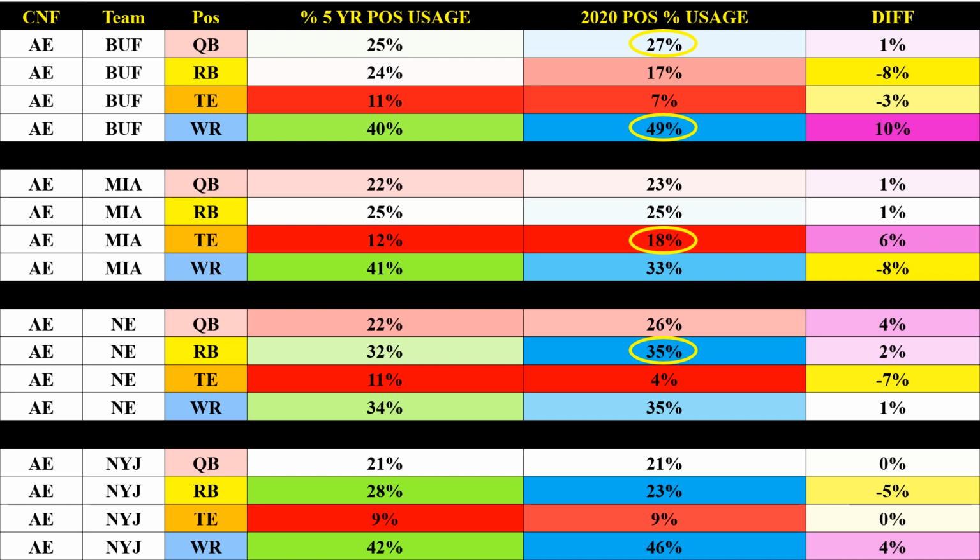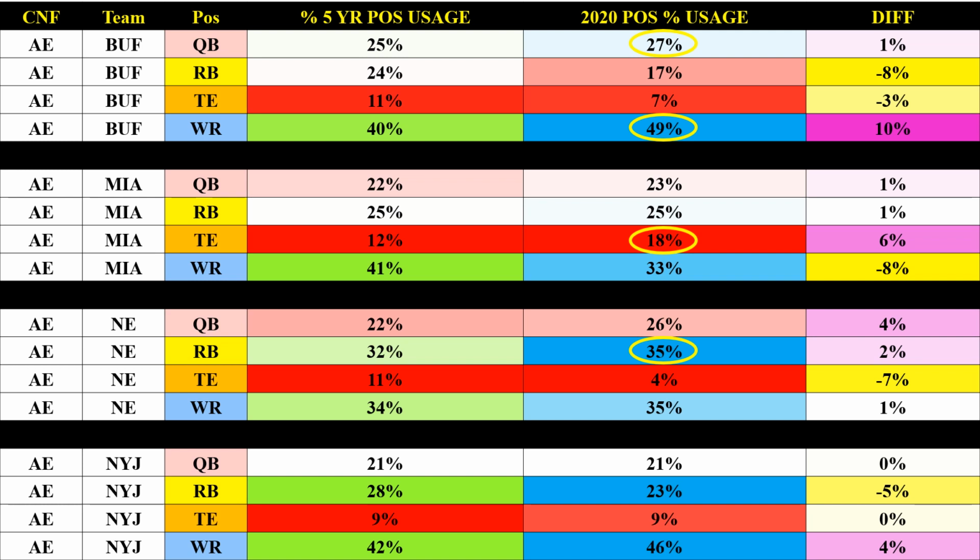I provided yellow circles, and it looks like I forgot, oh no, I didn't forget the quarterback. Good. So you can look across and find the yellow circle, and that says that team in this conference used the quarterback the most, and that would have been Buffalo. So we'll start with Buffalo.